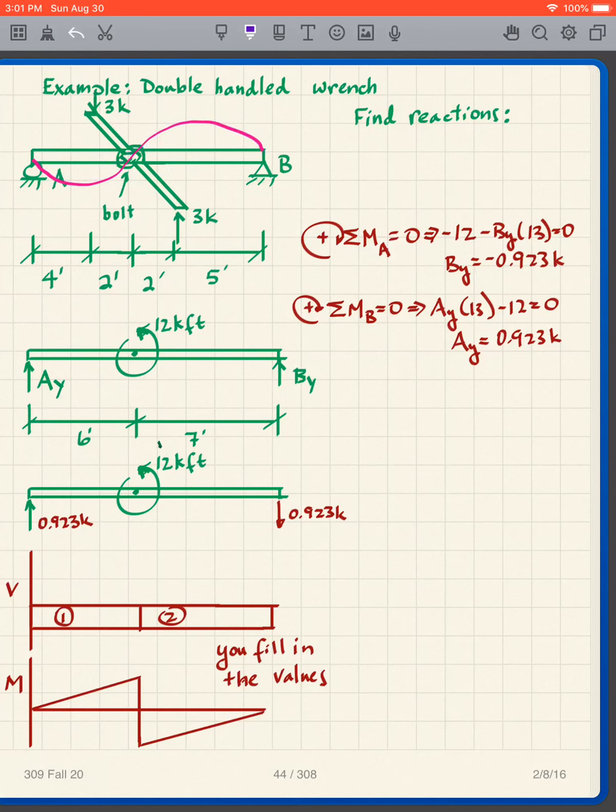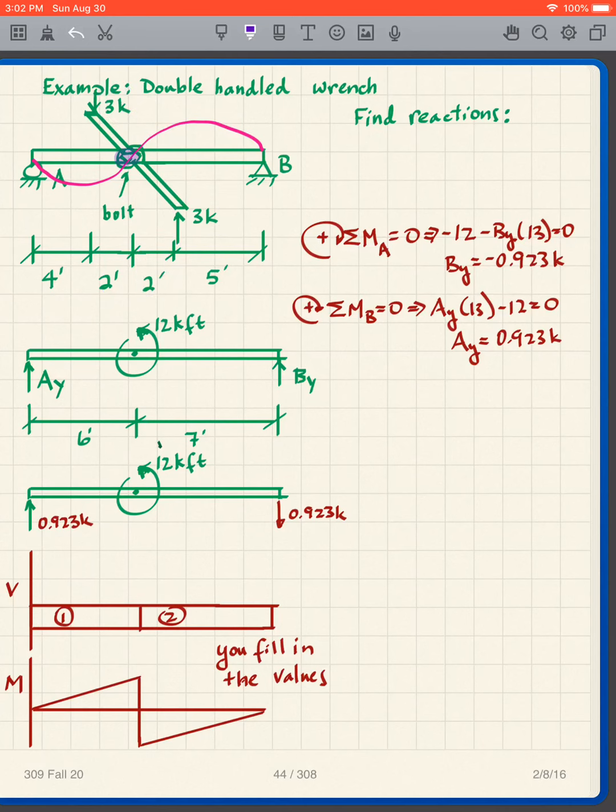So now what is the magnitude of that counterclockwise rotation? Well, here's my bolt. I've got 3 kips times 2 feet, 3 kips times 2 feet. So it's 3 times 2 plus 3 times 2. 6 plus 6, 12. So I have 12 kip feet.